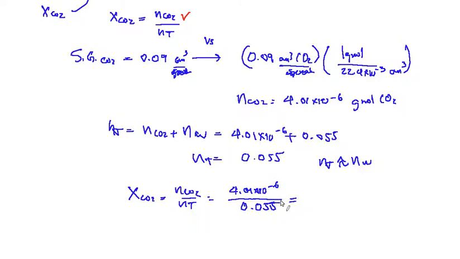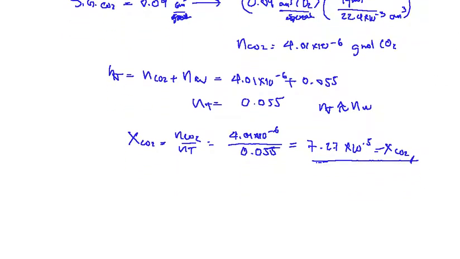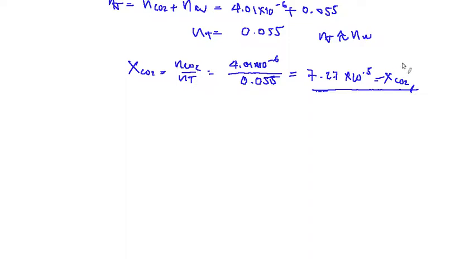And X CO2, how much is it? I got 7.27 times 10 to the minus 5. So that's an interesting value. It's almost nothing. So how do we turn this to Henry's law? Henry's law is essentially the pressure we are using divided by the mole fraction of CO2.